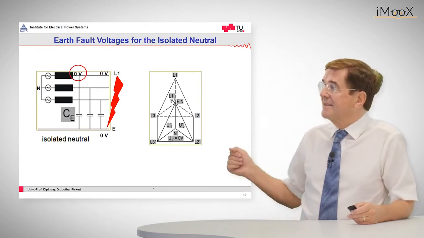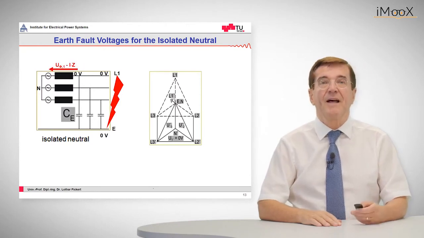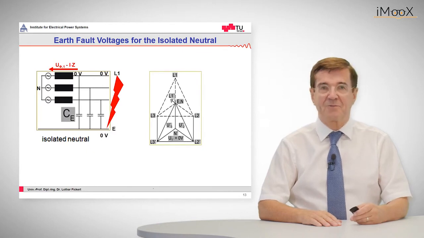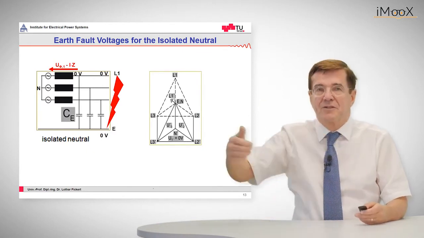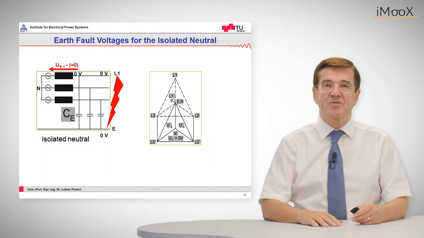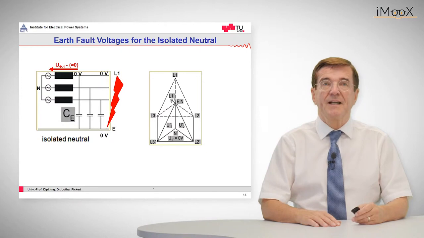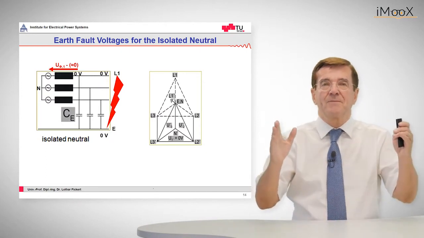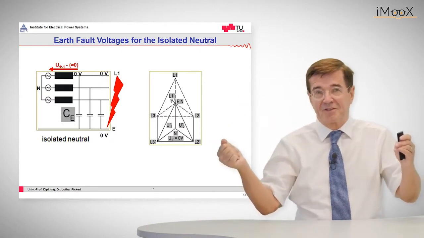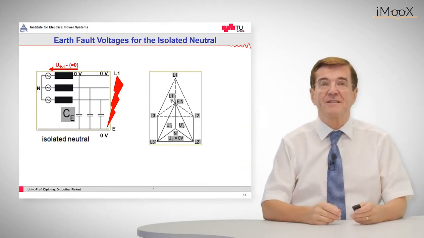These 0 volts also appear at the low voltage side of the transformer, and now we have a certain voltage loss across the transformer, which is given by the current flowing through it. In isolated networks, this fault current is usually small, so there is no voltage drop across the transformer impedance, and the full voltage difference appears between the one side, which is grounded, and the other side, which is the system neutral.